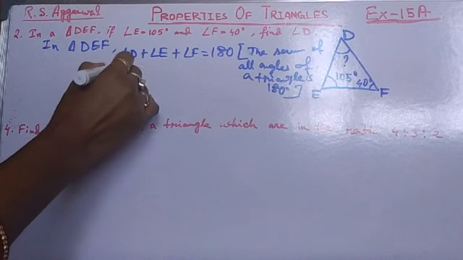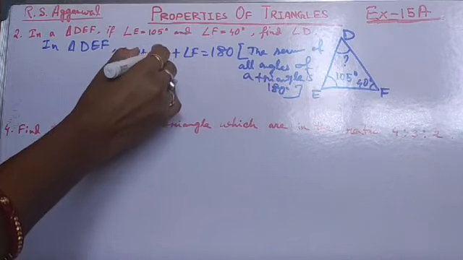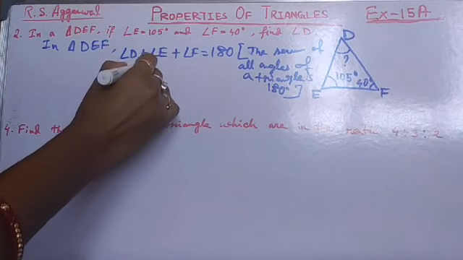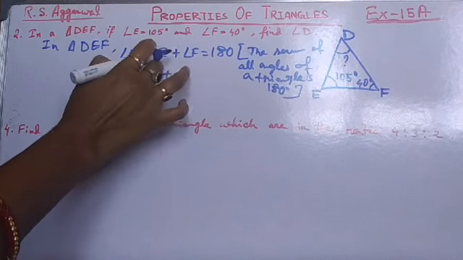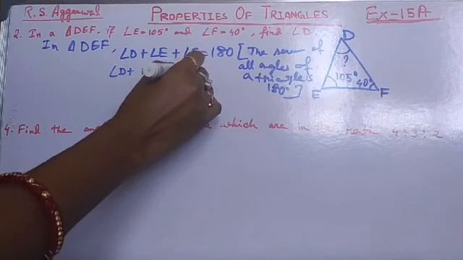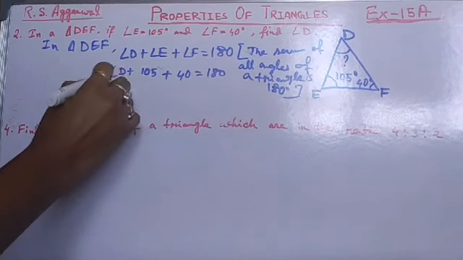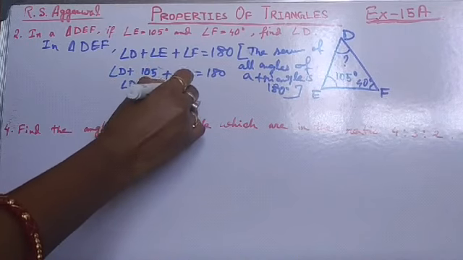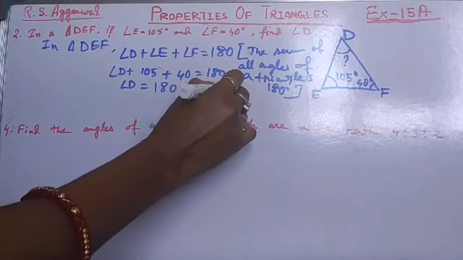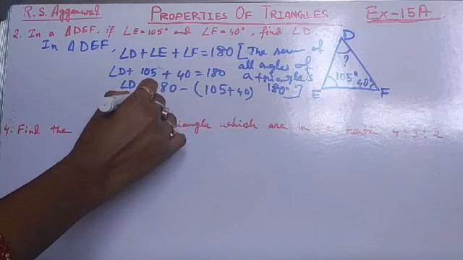So here we will put the value of angle E and angle F, 105 degree plus 40 equal to 180. Then angle D equal to 180 minus (105 plus 40).